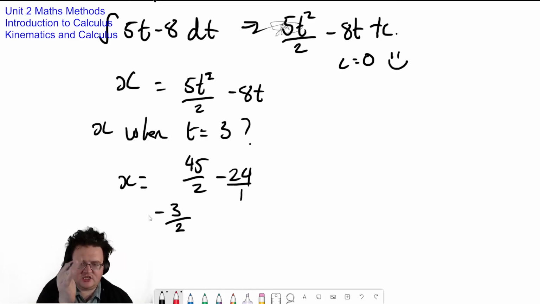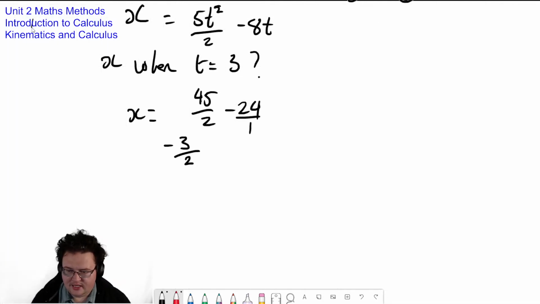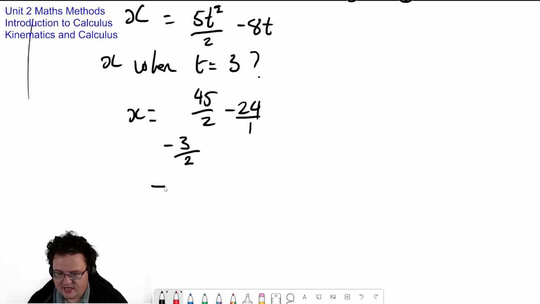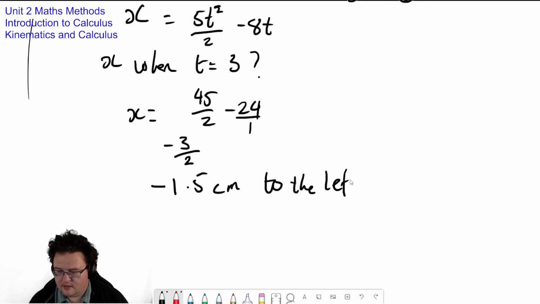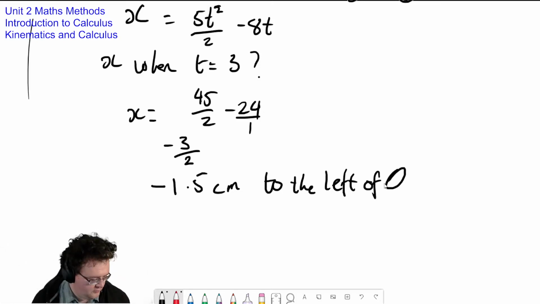So in the context of the original question, where is it? Well, it is negative 1.5 centimeters to the left of O.